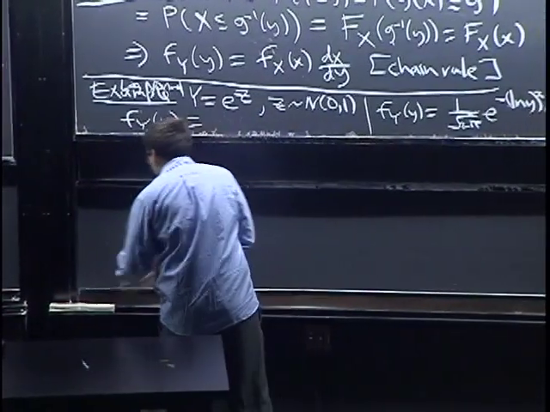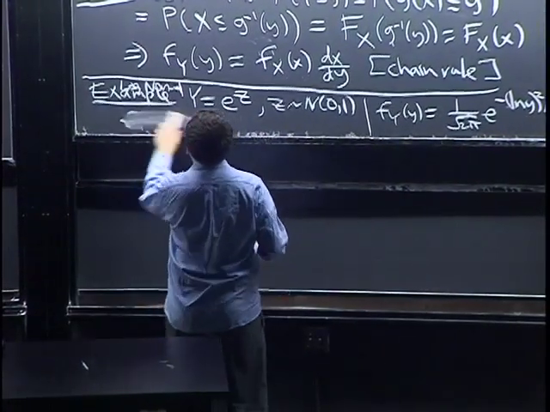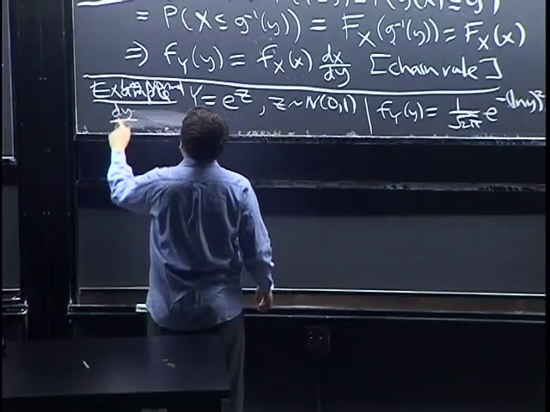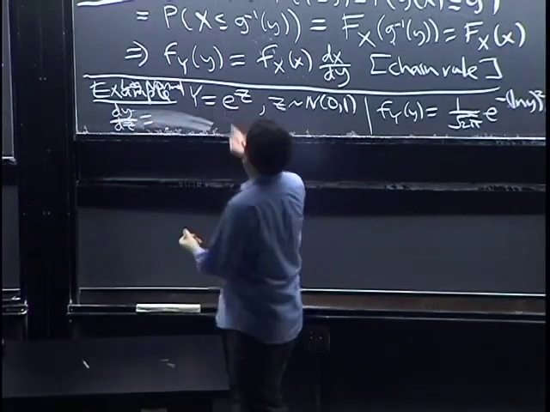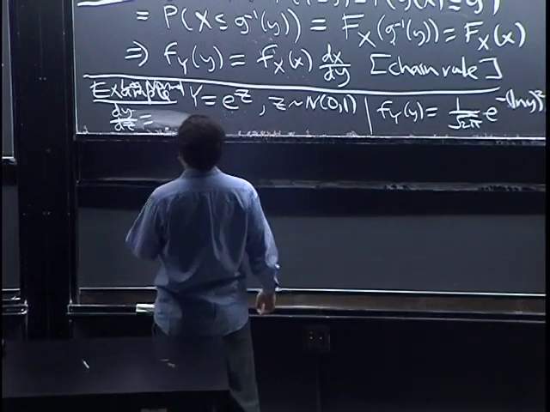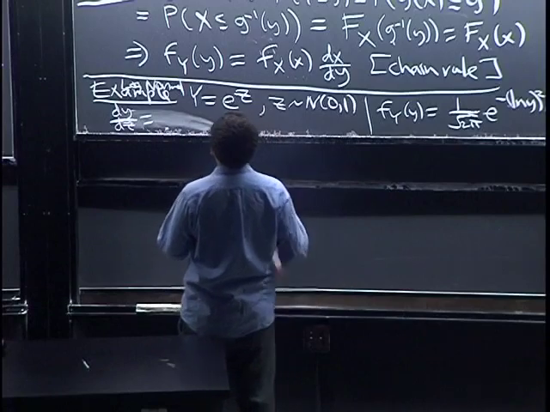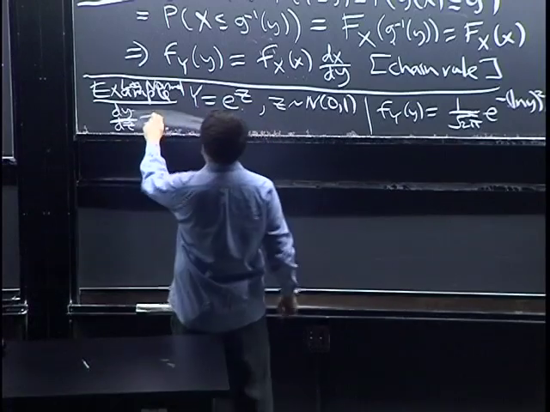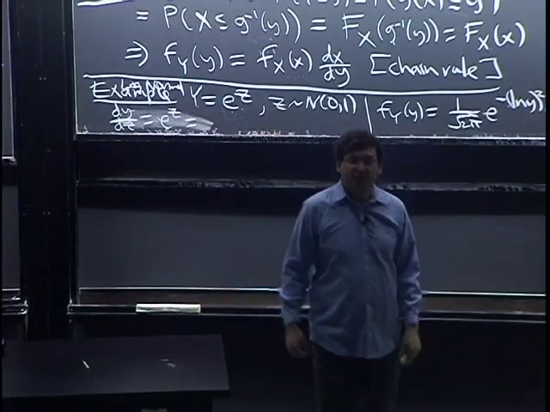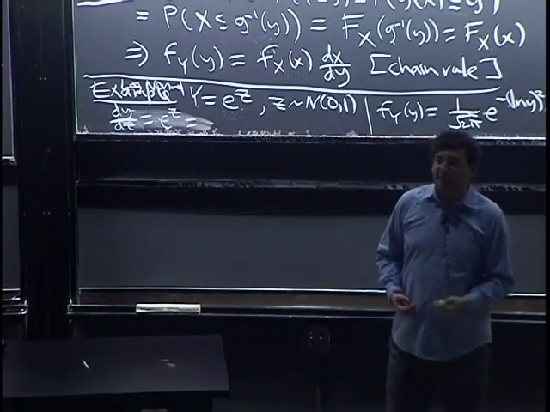So over here, let's just compute the derivative. dy dz equals the derivative of e to the z, which is e to the z, right? But I want to write that in terms of y instead. e to the z in terms of y is y.